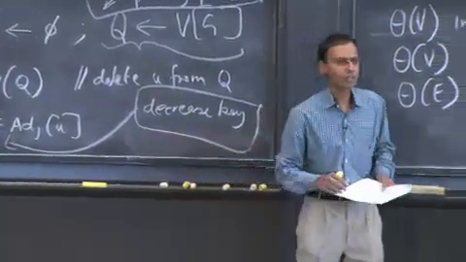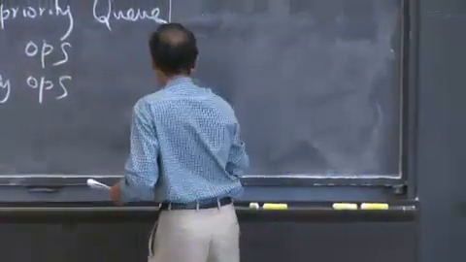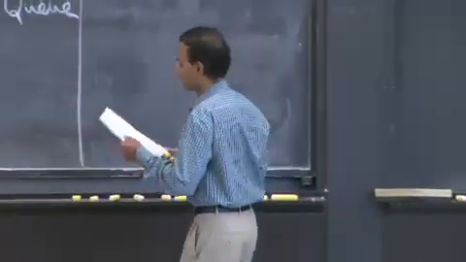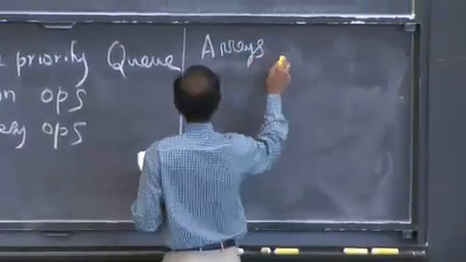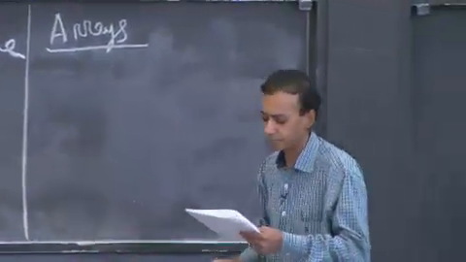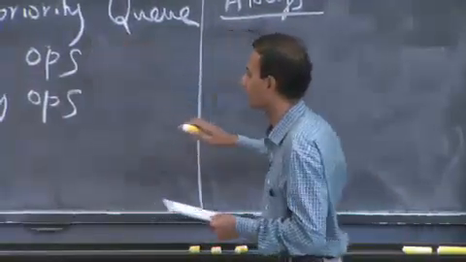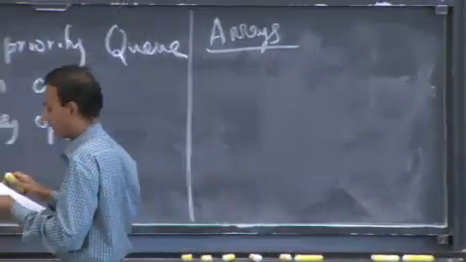And now you're a data structure designer, and you have some choices with respect to actually implementing the priority queue. Let's look at the complexity of Dijkstra for arrays. So suppose I ended up using an array structure for the priority queue. Then what do I have?